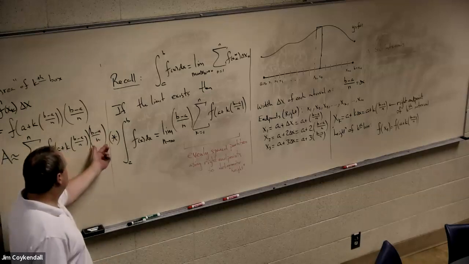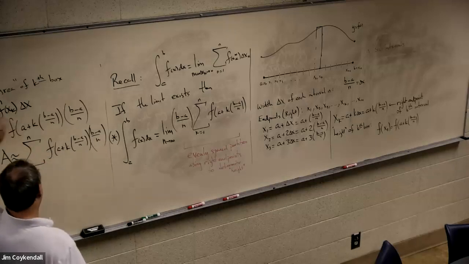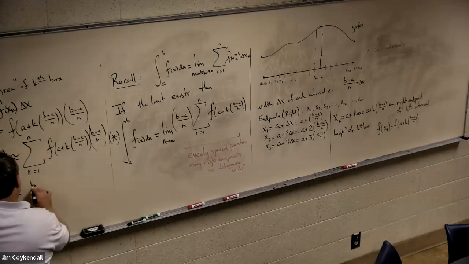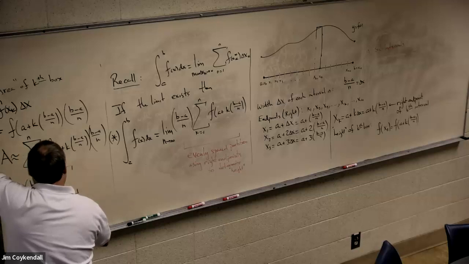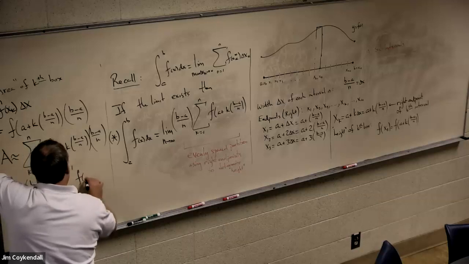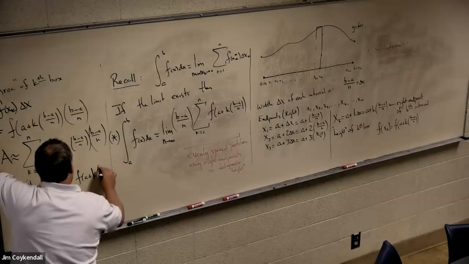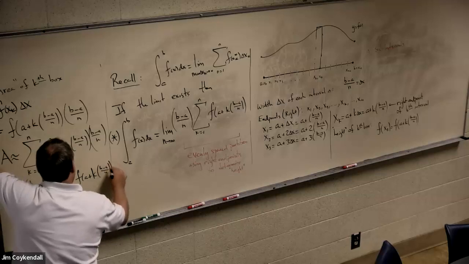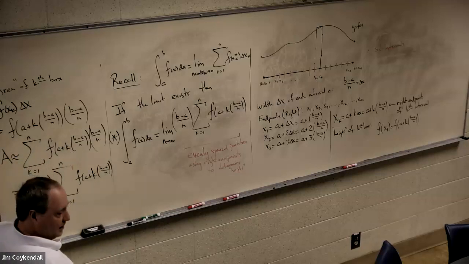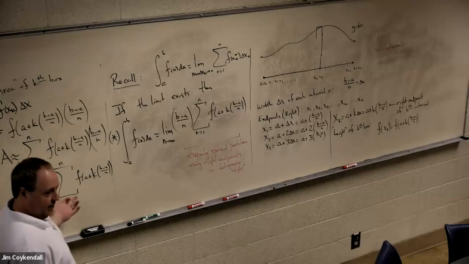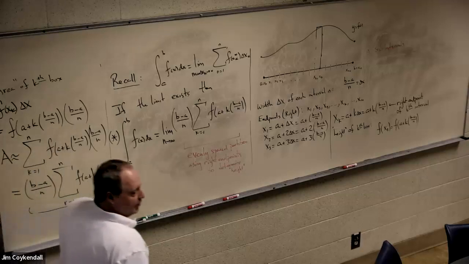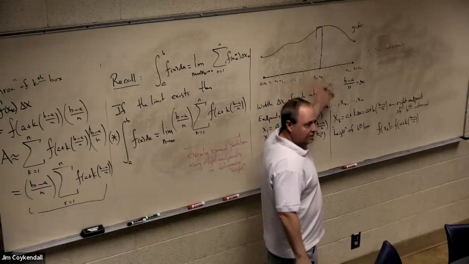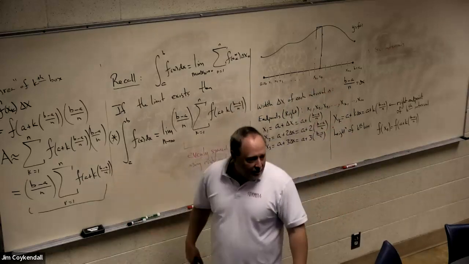And notice (b minus a) over n doesn't depend on k, so I can pull it out. But now, this gives an approximation for n boxes, after I've massaged the formula.